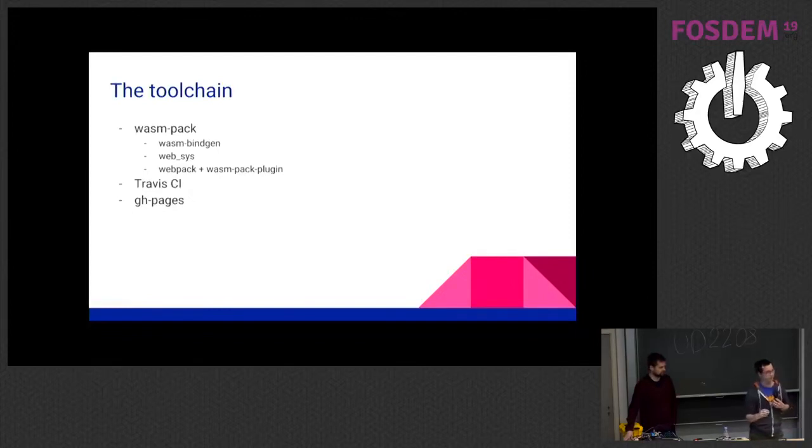And there's also the web-sys crate, which exposes the DOM API to you, so you can use things like console log, accessing the DOM tree, and manipulating the DOM tree. It's all wrapped in a Webpack configuration, so you can run Webpack to compile everything. And we have a Travis CI pipeline that compiles the WebAssembly build, builds a demo page, and then pushes it to GitHub Pages.